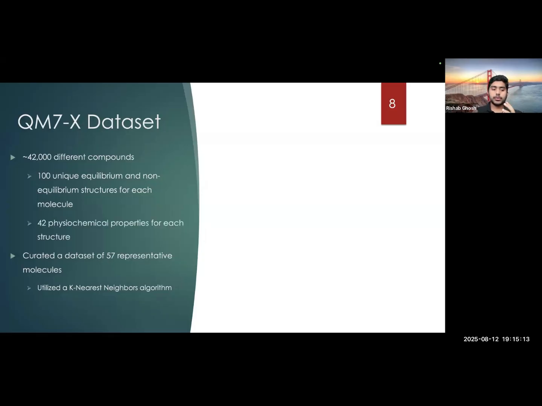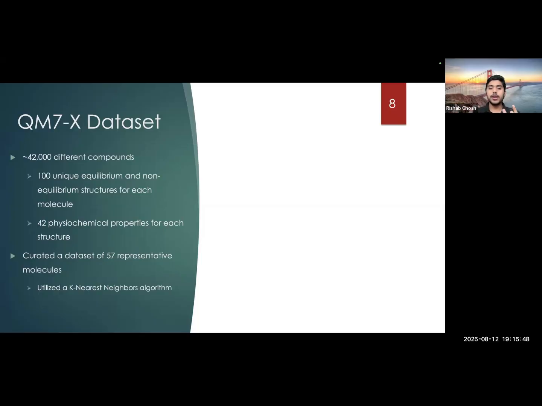For each of those, we have 42 physicochemical properties for each structure, and using that, we made our k-nearest neighbors classifying algorithm to classify based on a density functional theory based energy value, as well as geometric properties for each molecule. In doing that, we clustered them based on their molecular size, molecular geometry, as well as the energy value I mentioned earlier.